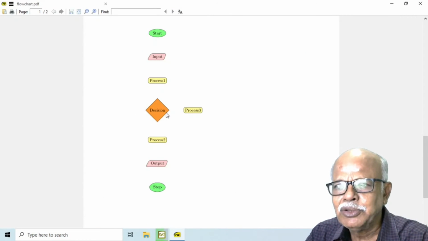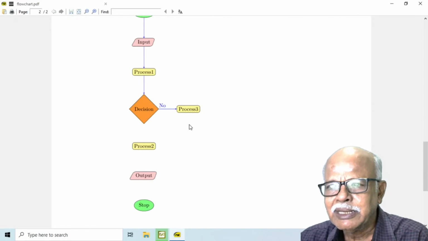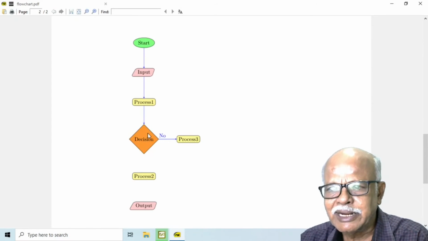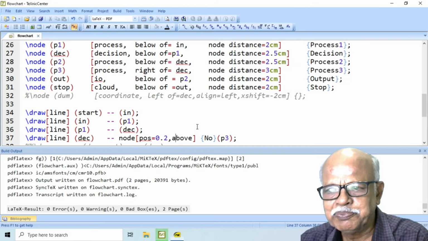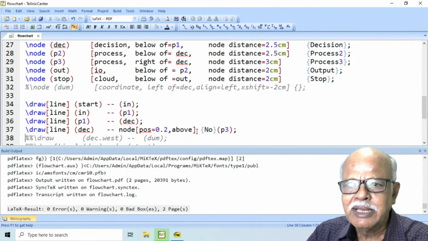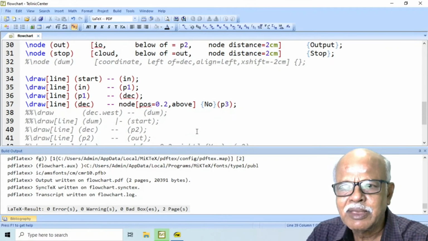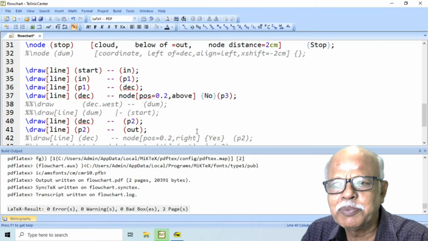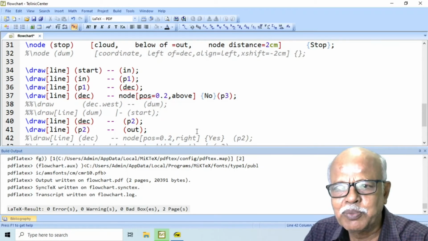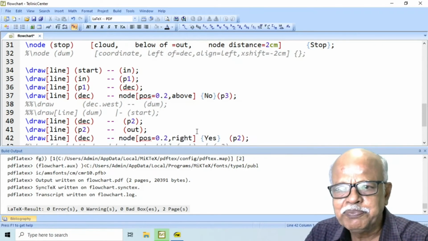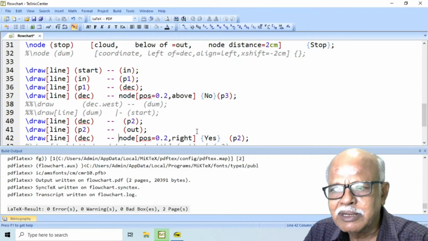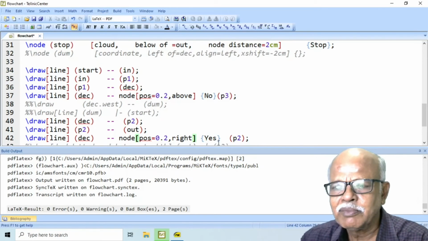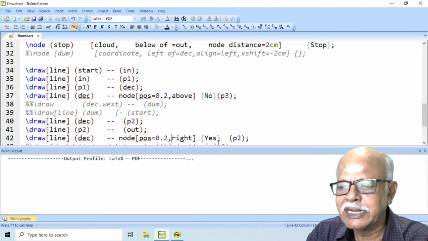Then you can have the connecting lines like this. This is no. Then let us say we start from the decision block, go up to P2, from P2 to output, and then from the decision block up to P2 we have another node at a position 0.2 and it appears on the right hand side.